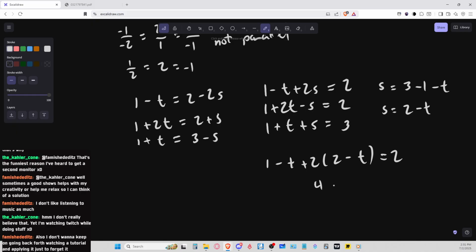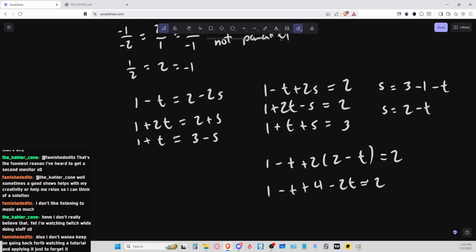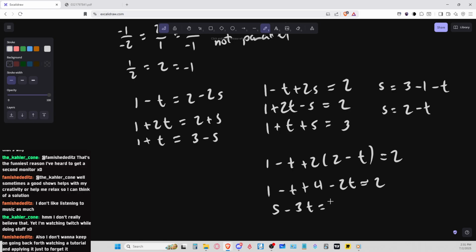Then we'll have 4 minus 2t. Then 2. Actually, I don't need to write that 1 here. So it'll be 5. And then minus 3 equals 2.